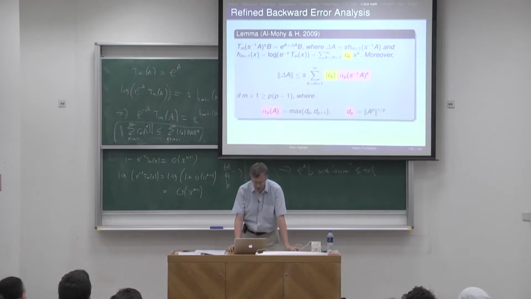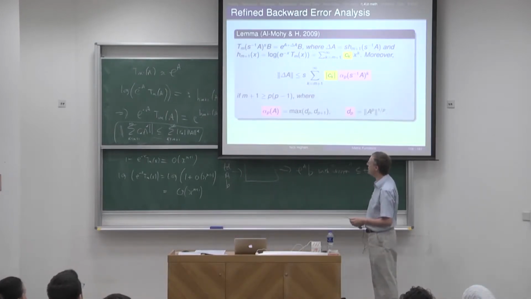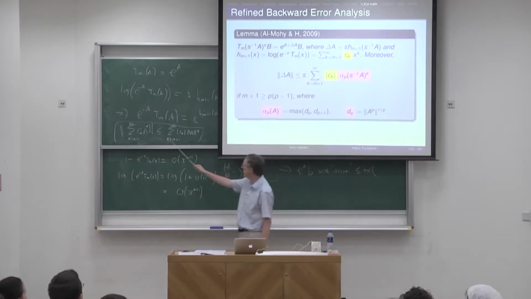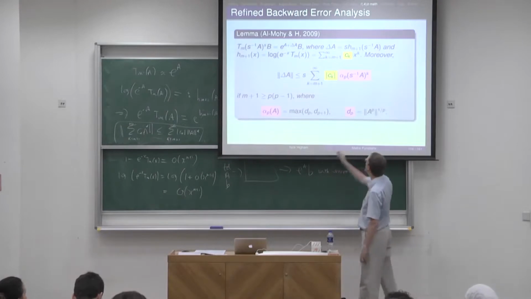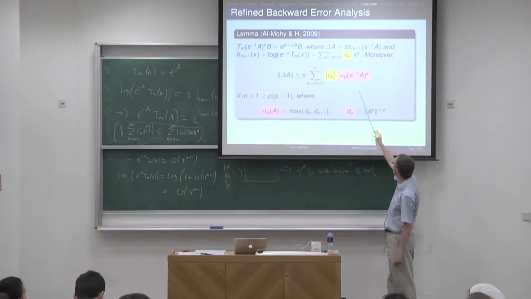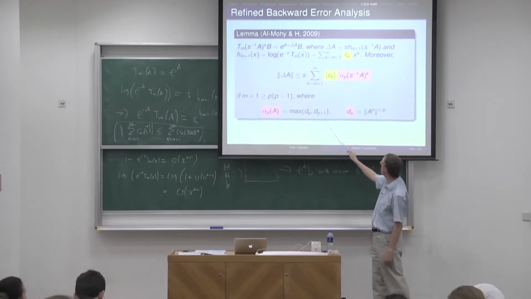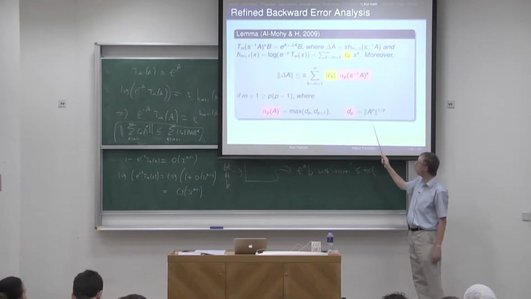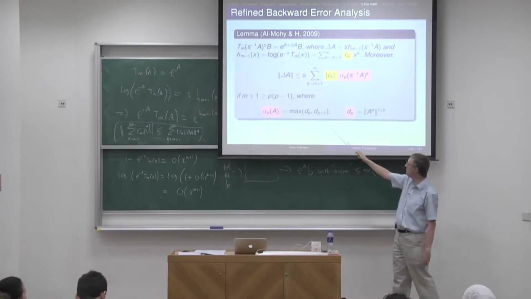So this lemma is just summarizing what's on the previous slide essentially, but instead of bounding with this inequality, we're doing something a bit different. And we've got these alphas here, which look a bit strange at first sight. So what is alpha? Well, alpha_p is the maximum of two things: norm of A to the p, to the 1 over p, and norm of A to the p plus 1, to the 1 over p plus 1.